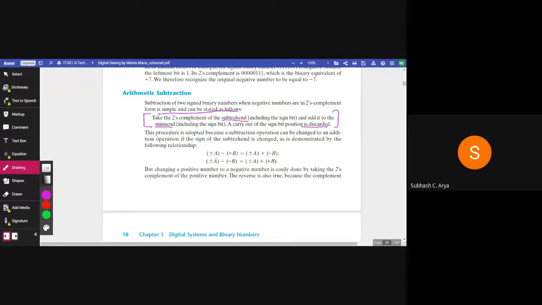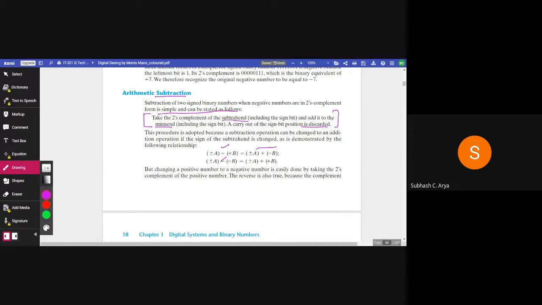The procedure is like this. Here you see, suppose A is represented as plus or minus, then the minus sign is there, which is our task, that is the subtraction, and suppose this number is a plus, and in another case it is a minus. If it is a plus, it can be represented this way if we just interchange the sign of this B with this operator, and that is quite sensible.